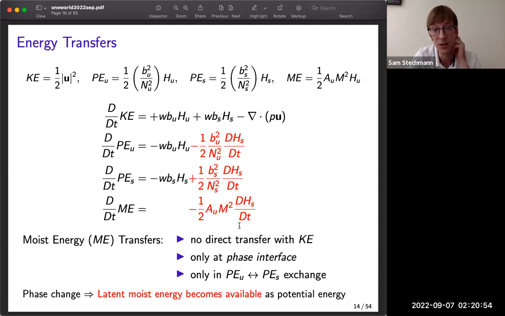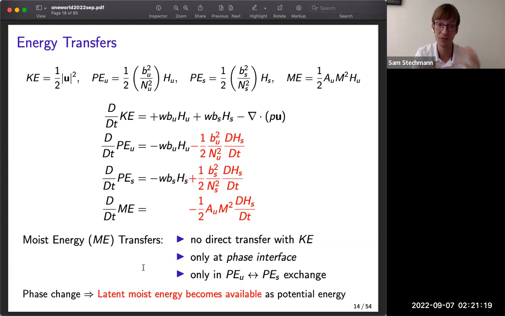And so this is what I was saying a minute ago, that the moist energy is related to the exchange between potential energy in the two phases. The moist energy is sitting around and waiting for its opportunity. When the cloud forms, then you lose the moist energy, and it is gained by the saturated potential energy here.